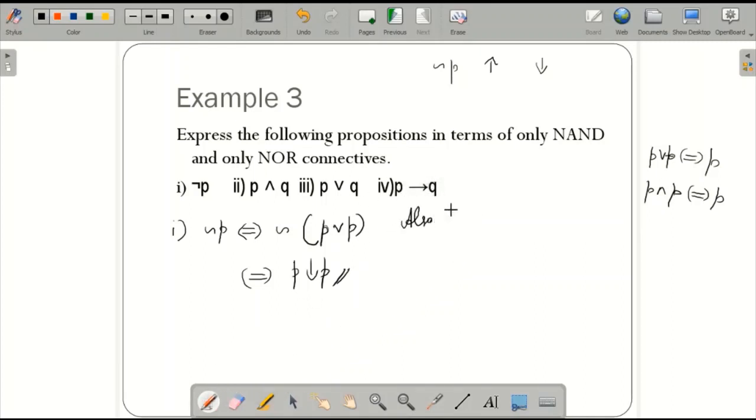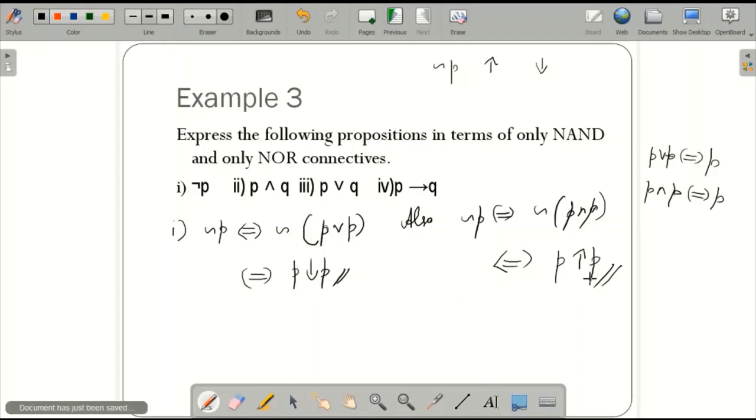Negation P can also be written this way, right? P and P, this way we can also write. So what is this? Not and, it is nothing but logically equivalent to P NAND P. So you can see here, the first one I expressed only in terms of NOR, and the other way I expressed it only in terms of NAND.